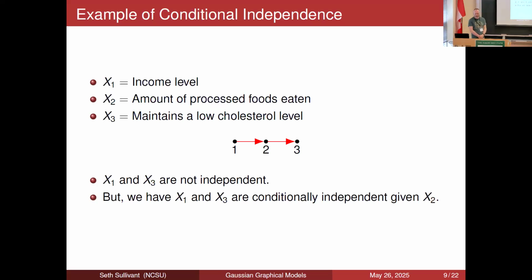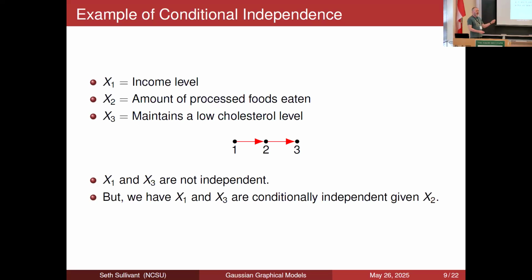Anyways, here's a basic example showing the idea of conditional independence, in a simplistic example of a graphical model from earlier. So again, this wealth versus health relationship: income level, amount of processed foods eaten, and whether or not you maintain a low cholesterol level. We know intuitively, and there's tons of data about this, that people that make more money tend to be healthier.